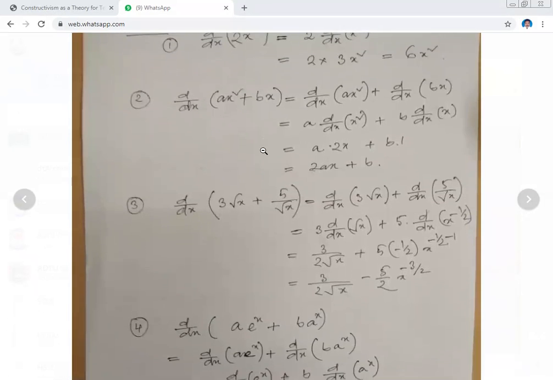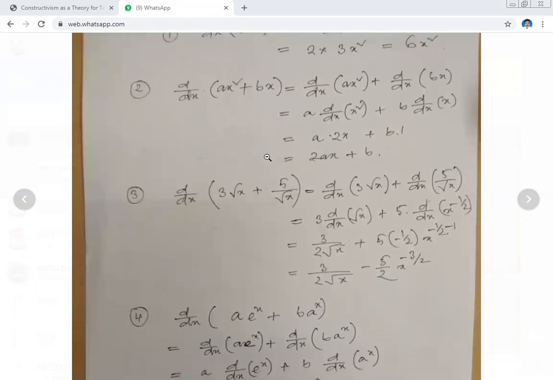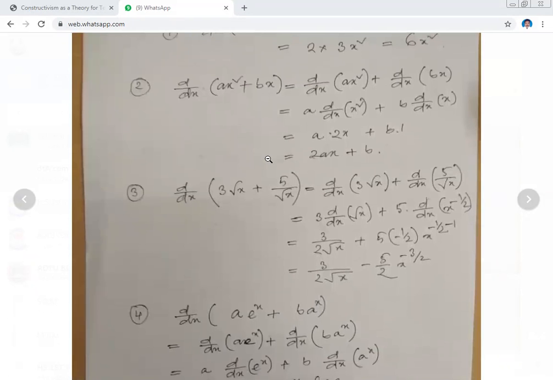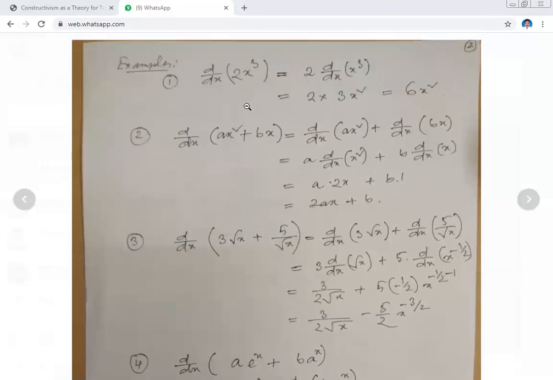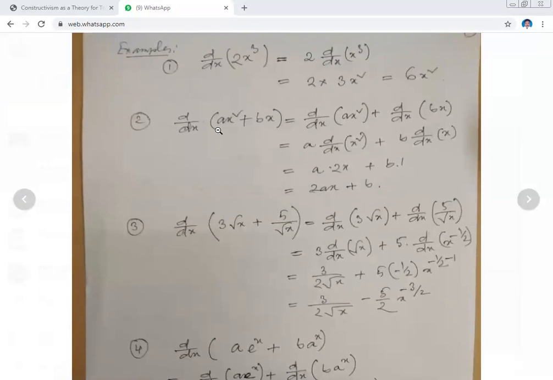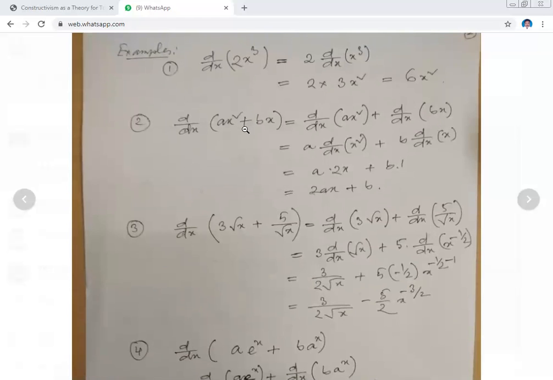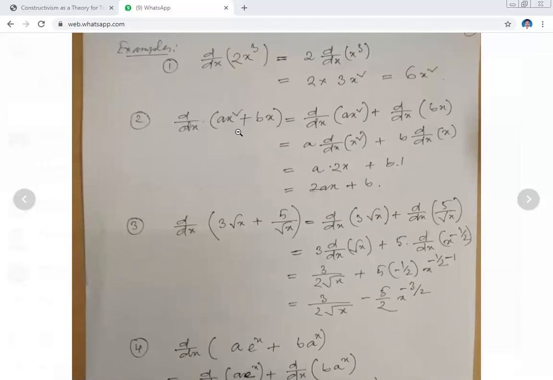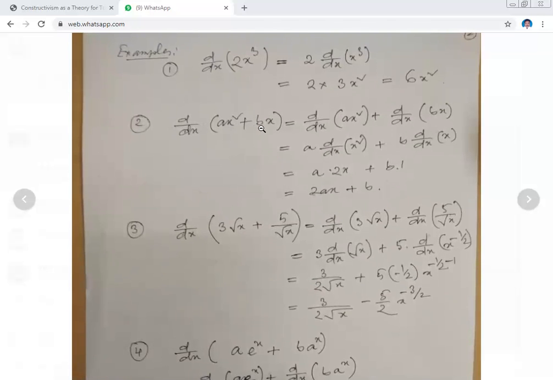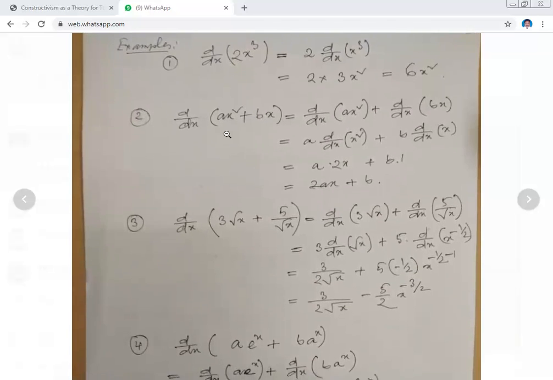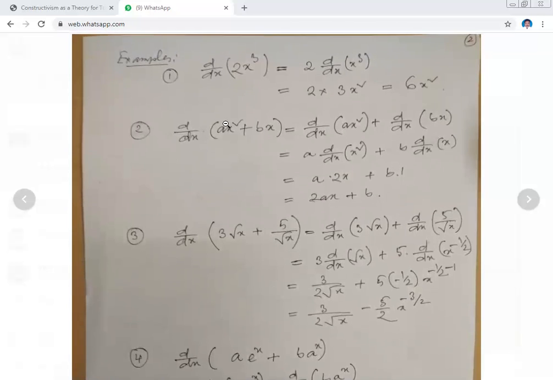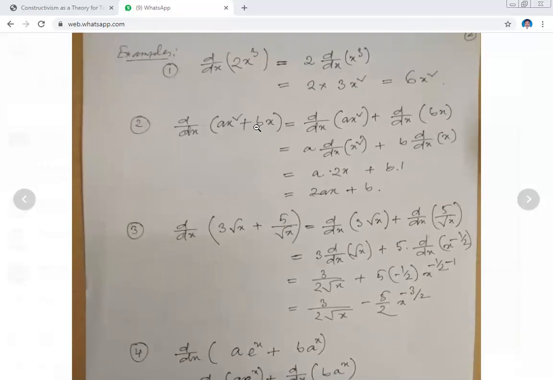Example number 2. Here you see d/dx of ax square plus bx. Here the plus sign is there. So ax square plus bx. That means two functions f(x) and g(x) can be considered.